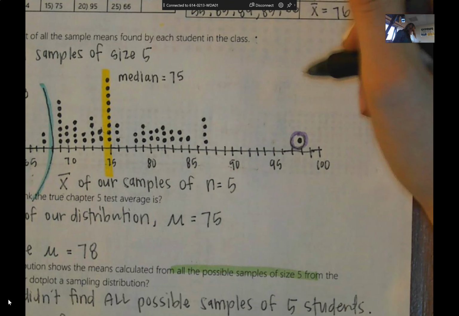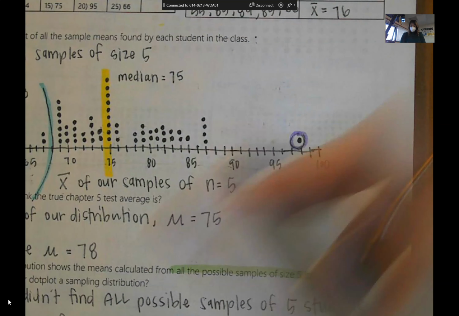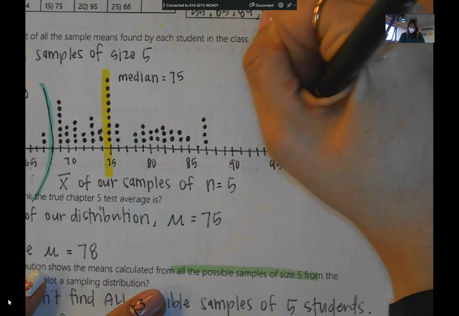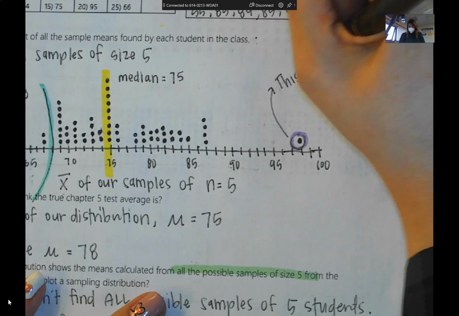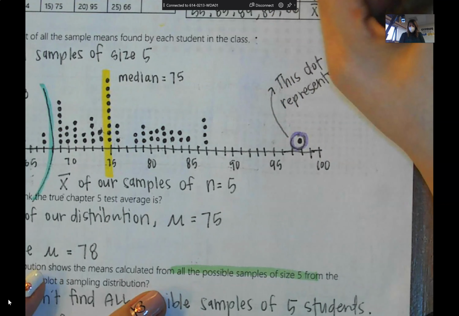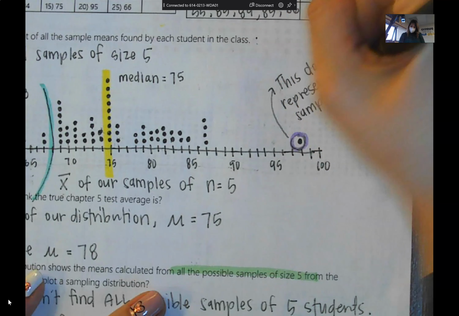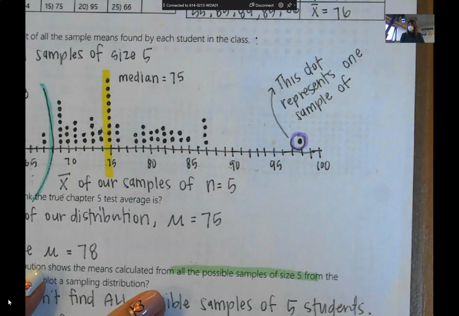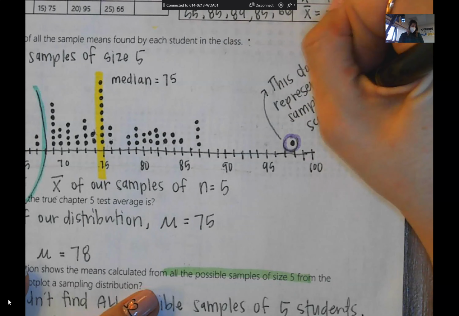And what you're going to respond with is, in this case, this dot represents 1 sample of 5 scores.